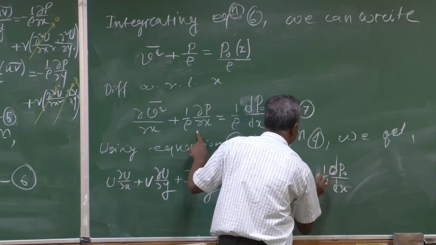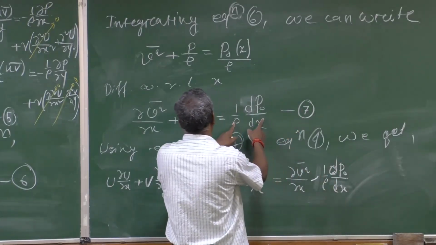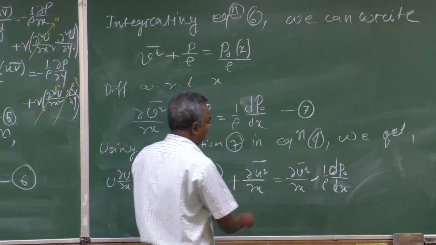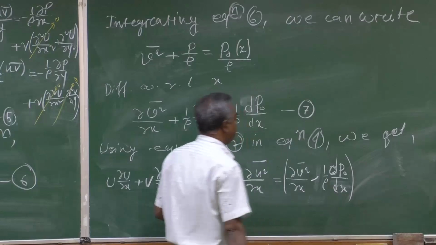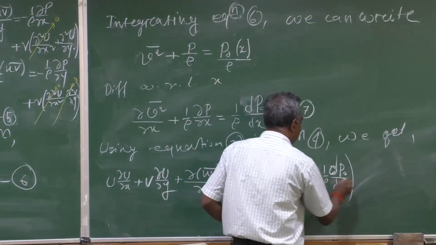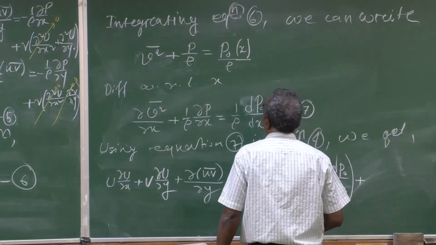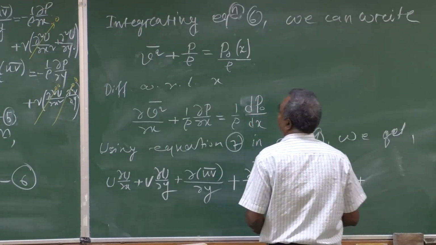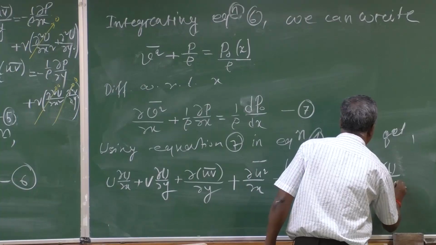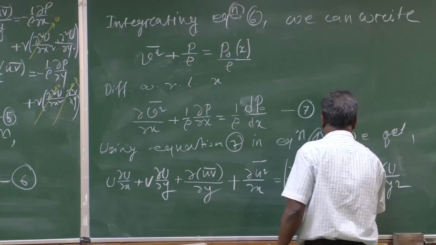It should be minus, because you are taking this term to the left hand side and bringing this term to the right hand side. And then your pressure term in the y momentum equation is going to be this, plus your viscous term, that is your del 2 u del y 2 and this is nu.